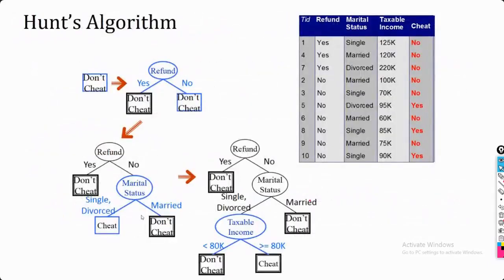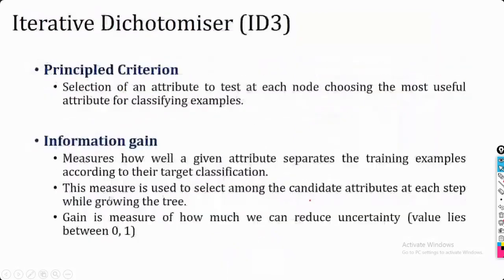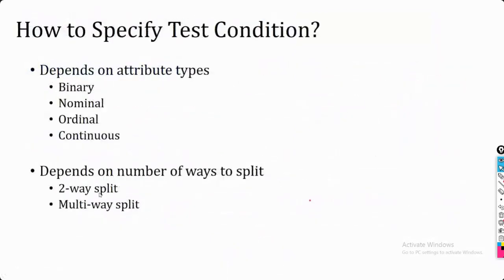For marital status we had three possible values: single, divorced and married. But in this case I have divided them into two parts, where single and divorced I have considered as one side. So even if we have multiple values, I can summarize them into two ways.